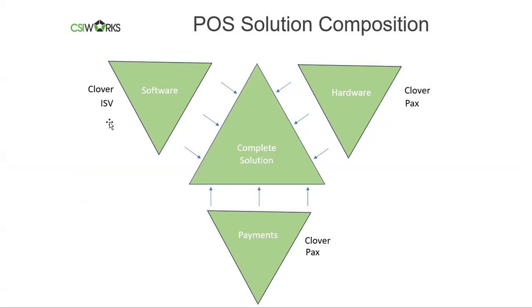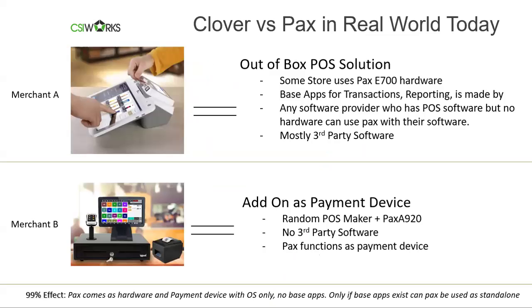Because of that, they are entirely open and much easier to work with in terms of what payment processing you need to stick in there and what software you need to publish. The approval process for publishing things on PAX is entirely different than on Clover, in the sense that PAX doesn't curate things the way Clover does.